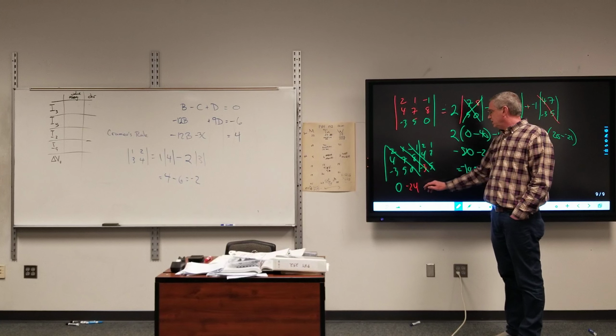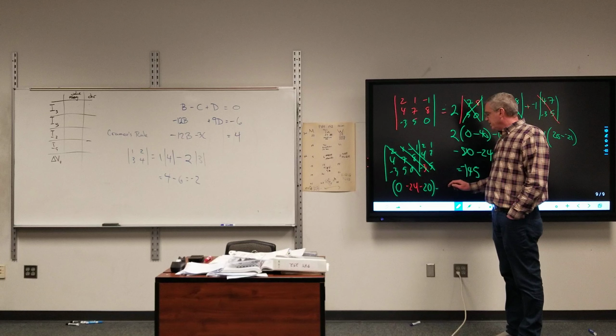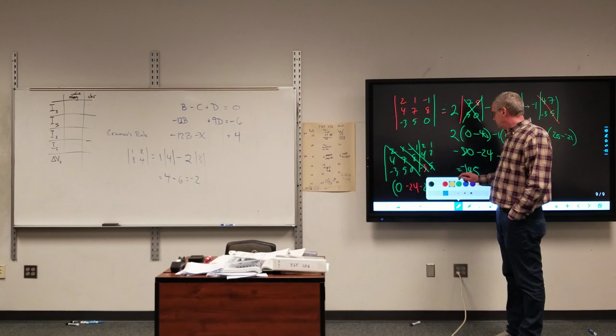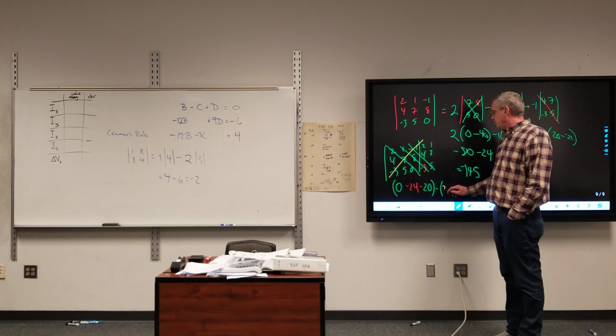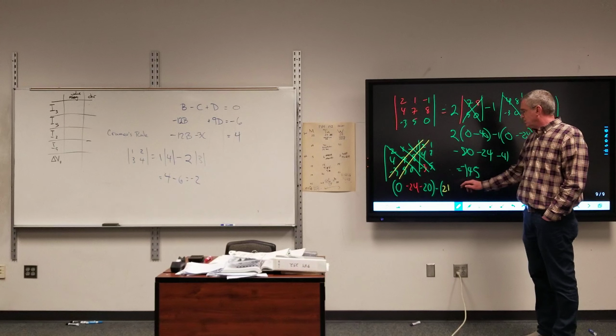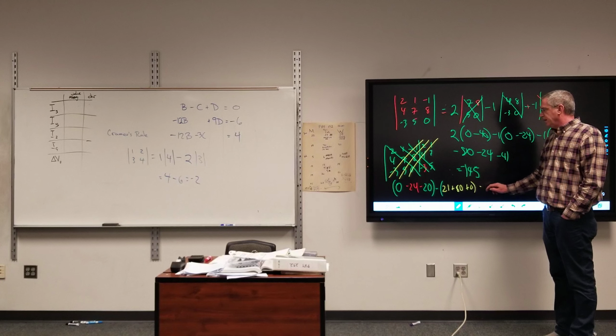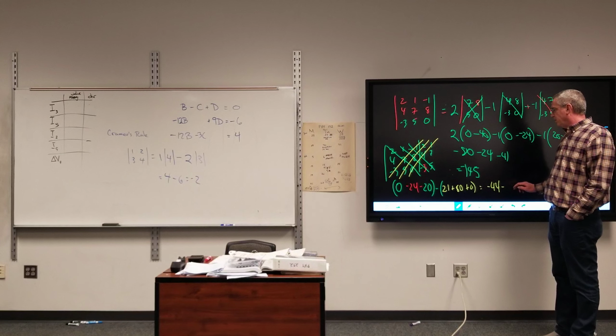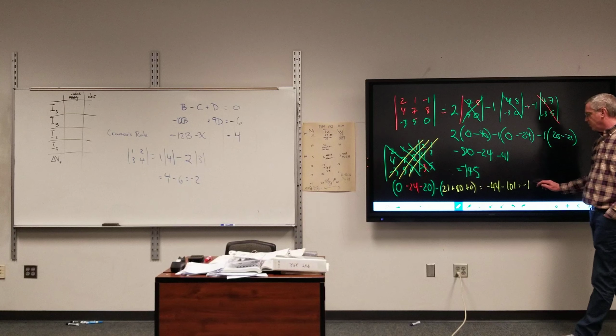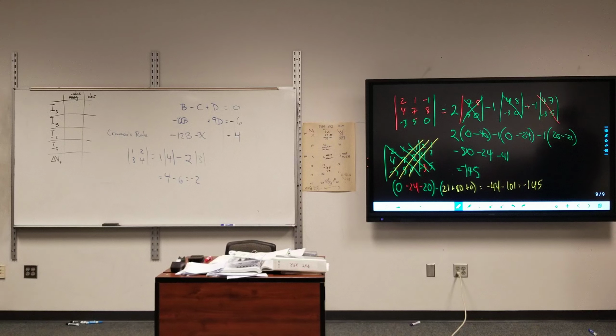And then that diagonal, negative 20, minus that diagonal, which is 21, that diagonal, which is 80, and that diagonal, which is 0. I end up with negative 44 minus 101, which is negative 145. So if I have a 3 by 3 determinant, some might consider that a shortcut. 2 by 2 is just across, 3 by 3, you got three slashes.